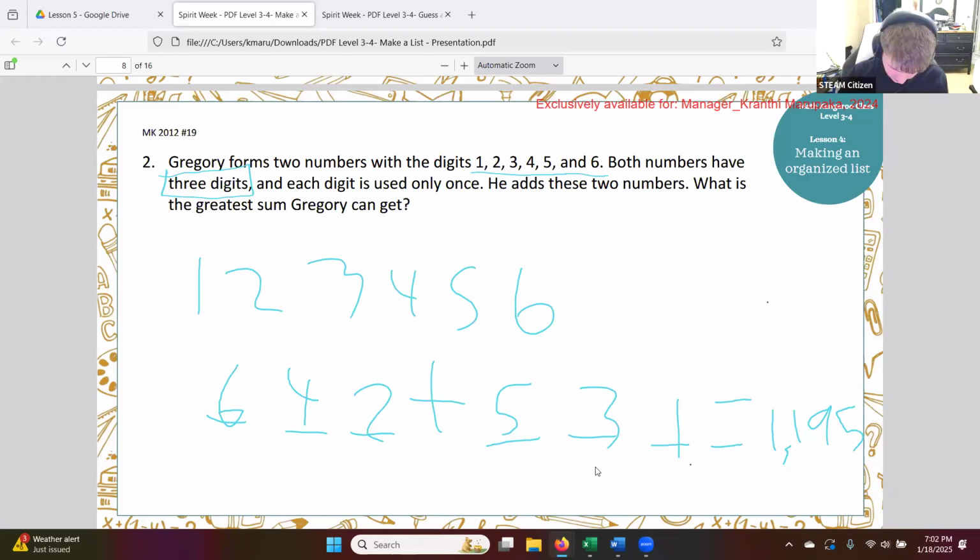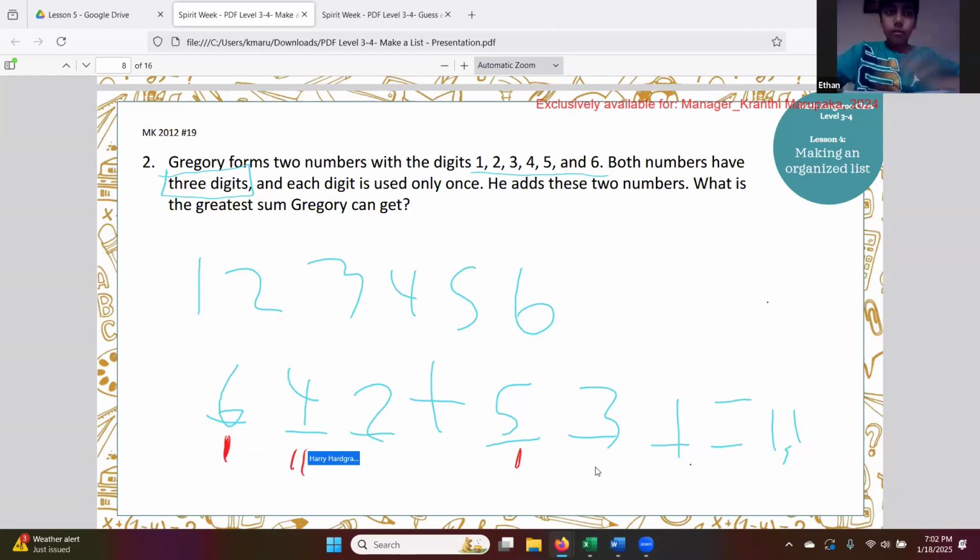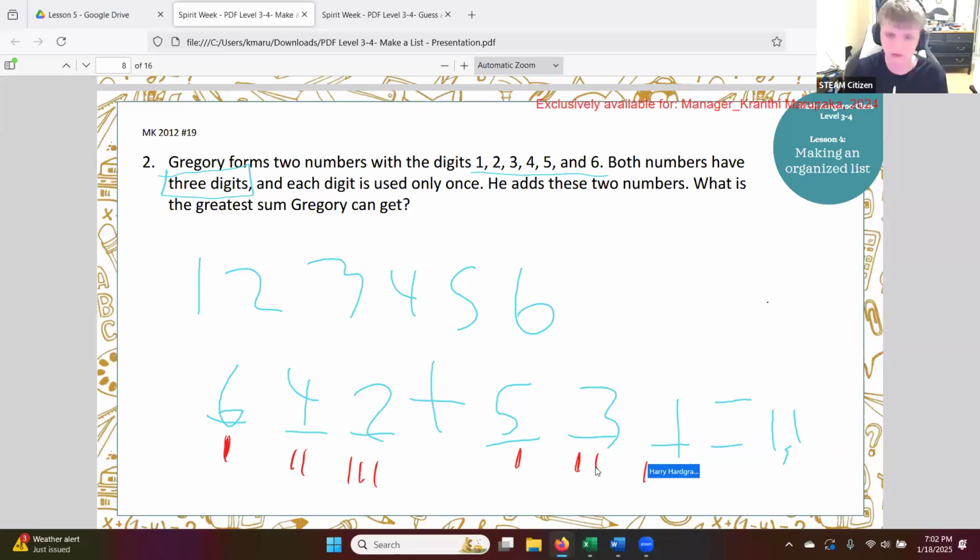Let me help. It's a little confusing because this one and this one go together, this one and this one go together, those go together.